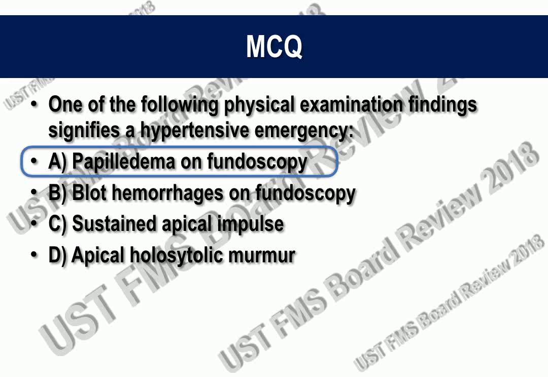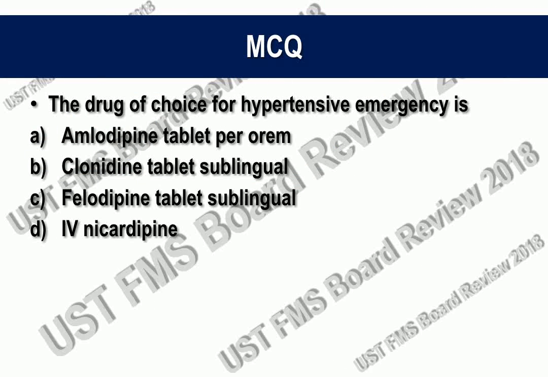So your blood hemorrhages, sustained apical impulse, or an apical holosystolic murmur reflect target organ damage for that matter, but they don't signify hypertensive emergency. Papilledema, on the other hand, is a hypertensive emergency finding.